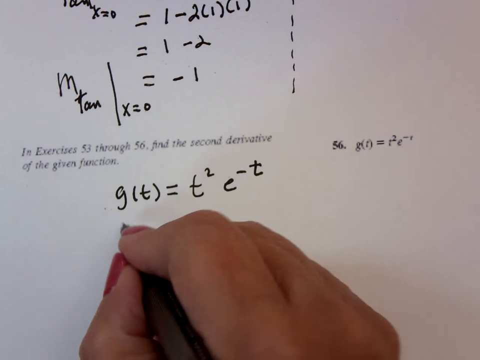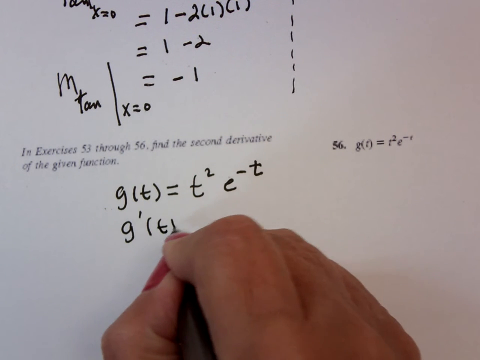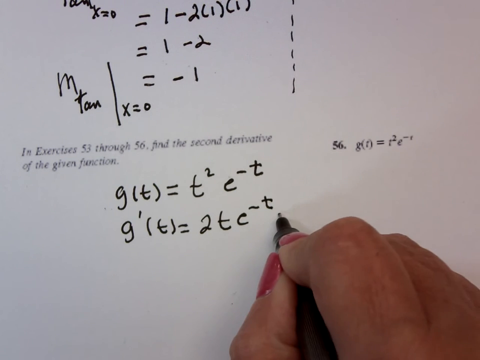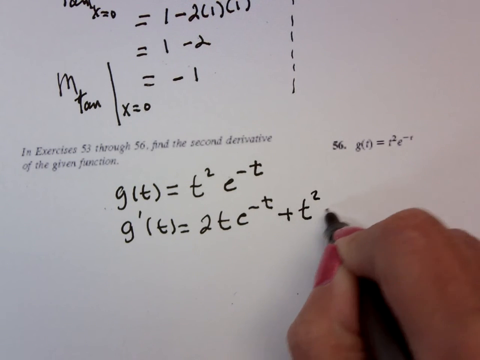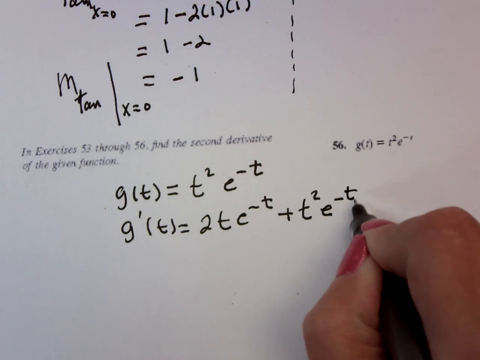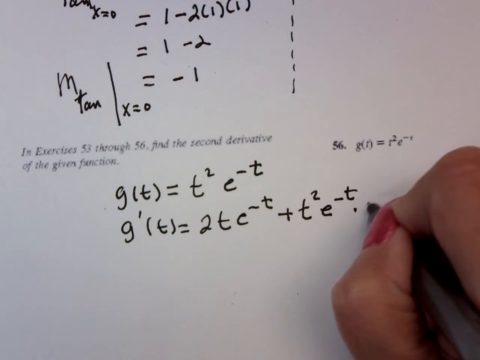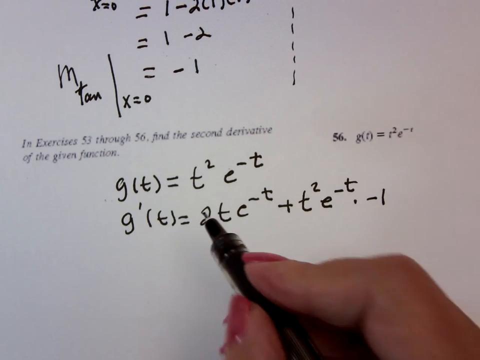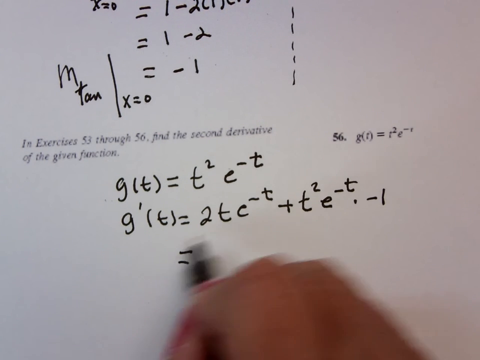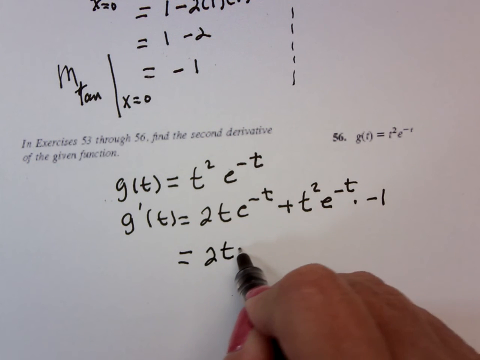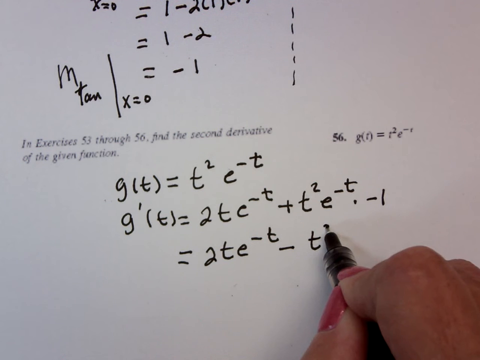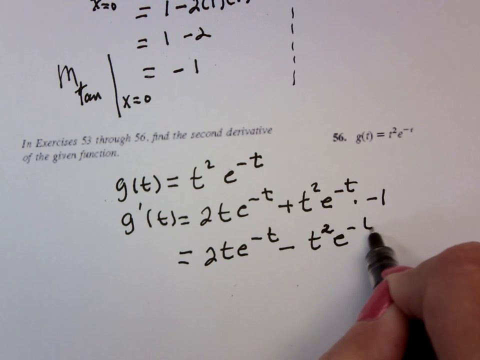So g prime of t equals 2t e to the minus t plus t squared e to the minus t times what? Negative 1. And you've got to get used to that, because remember, we're going to start working backwards. So this is 2t e to the minus t minus t squared e to the minus t.